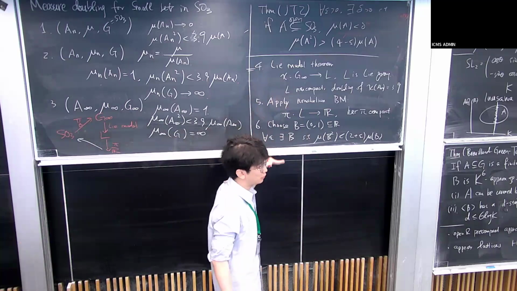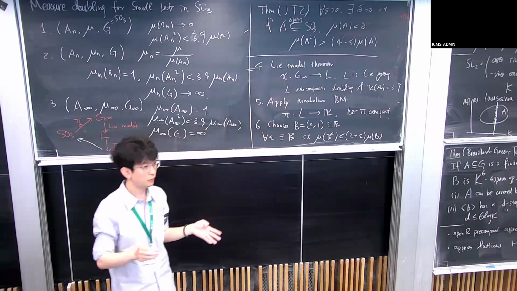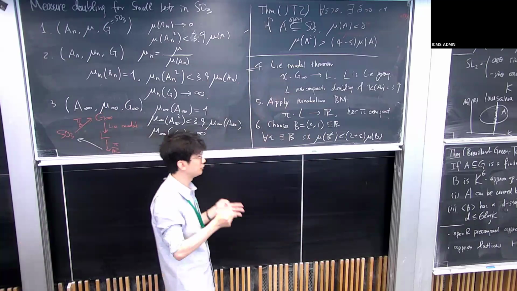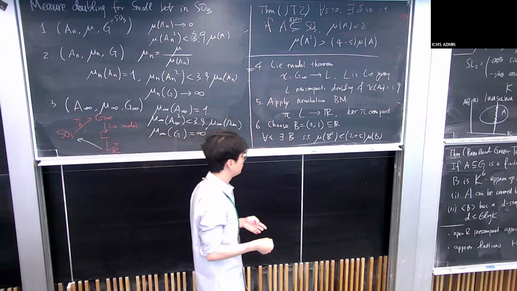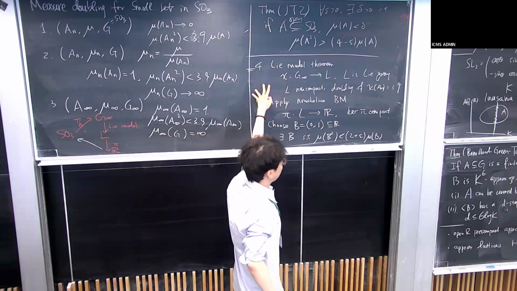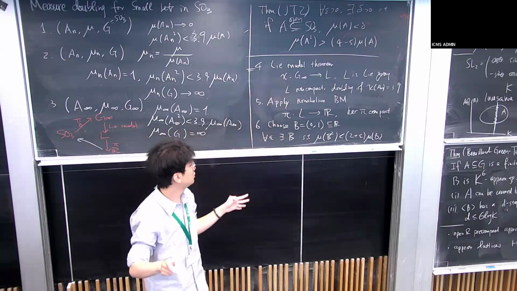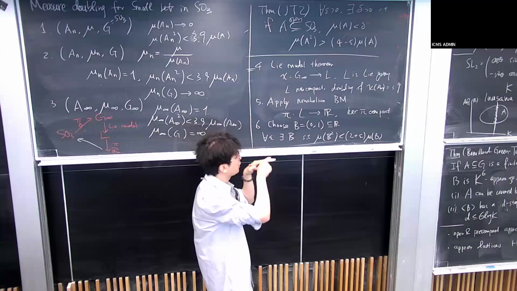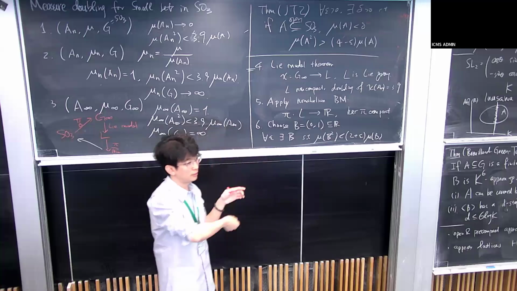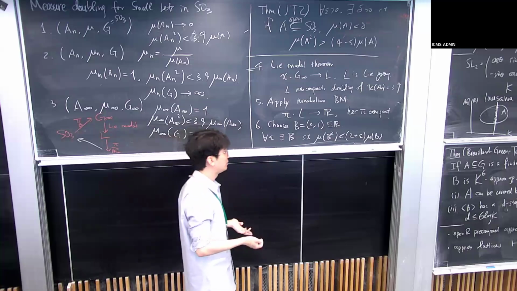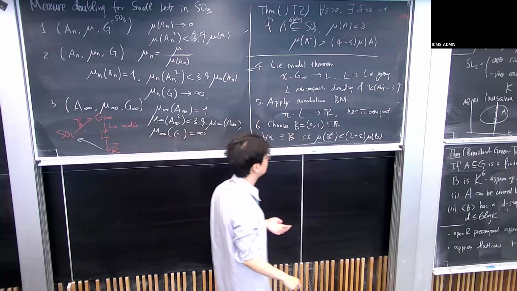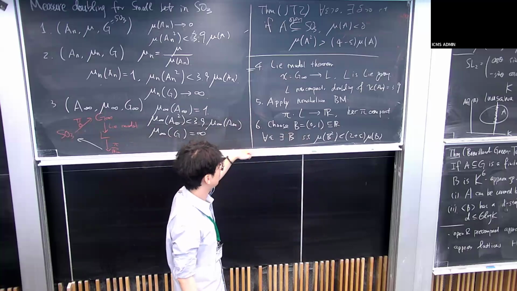We smooth our function: we convolve our original indicator function with a tube of radius epsilon in the limit procedure. Once we smooth it, we let epsilon go to 0. We compare A and A squared, the tube of epsilon and the tube of 2 epsilon, study what happens inside the tubes, and apply some Lebesgue differentiation theorem for Lie groups to overcome some difficulties.